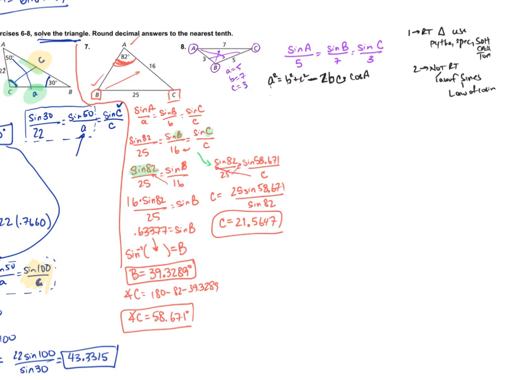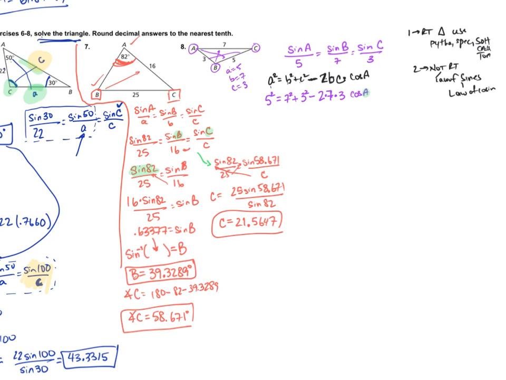Over here I will get 5 squared equals 7 squared plus 3 squared minus 2 times B, which is 7, times C, which is 3, times the cosine of A. So A is the variable, and that's what I'm solving for.